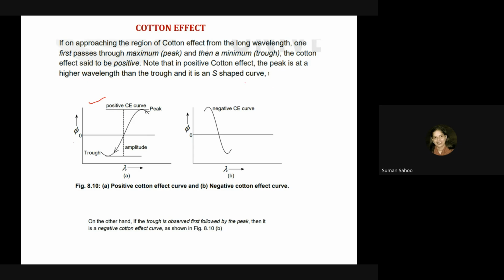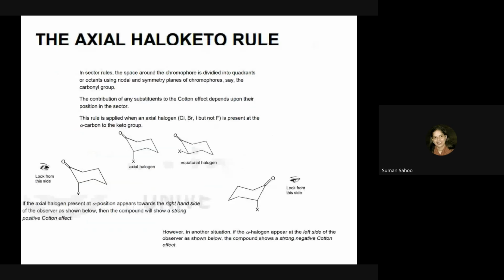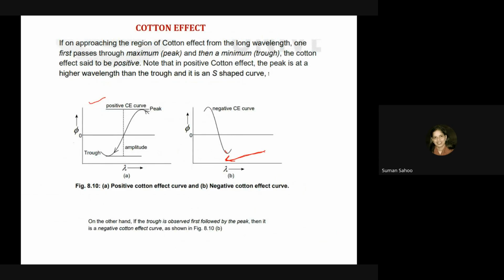For a positive Cotton effect it is like an S. And if the trough is observed first while going from higher wavelength to lower wavelength, that is, as we are increasing the energy, first you see a trough and then you get a crest, that is known as a negative Cotton effect curve. So how is the Cotton effect curve applicable? We can go from the axial haloketone rule.